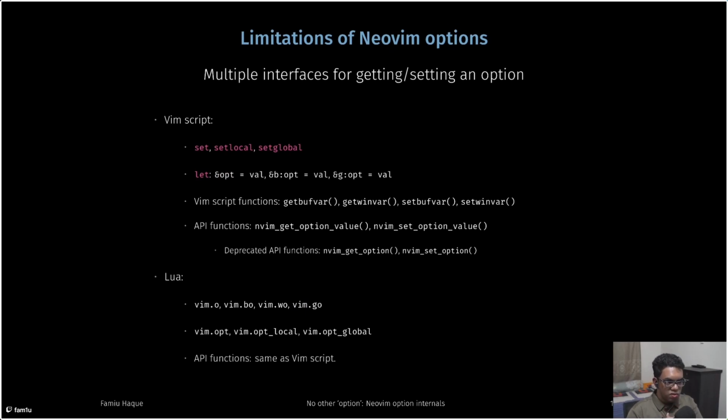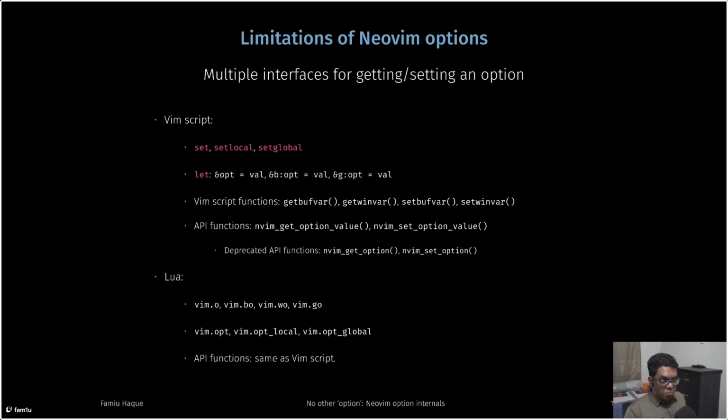Next, we have Vimscript functions, several of them: getbufvar and getwinvar, for getting a buffer-local or window-local option value, and setbufvar and setwinvar, for setting buffer and window local option values.